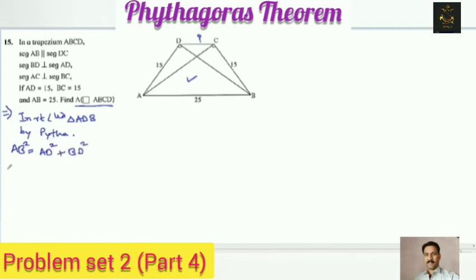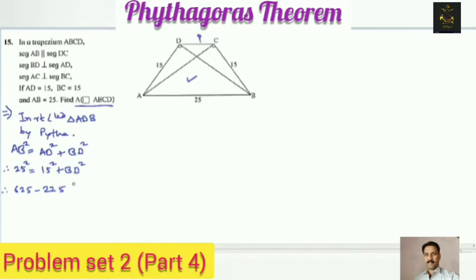We'll put the values we know here. What is AB? It is 25 square. What about AD? It is 15 square. So from this we'll find BD square. So 25 square, which is 625, minus 15 square, which is 225, is equal to BD square.